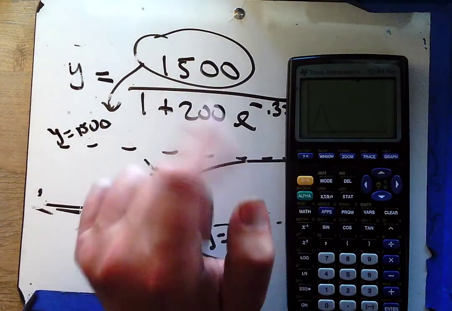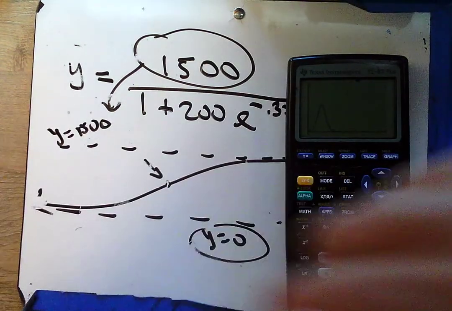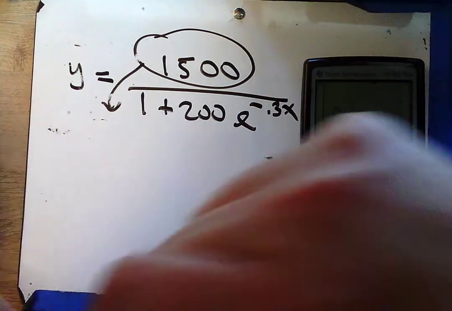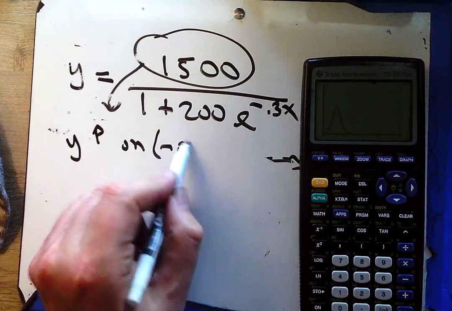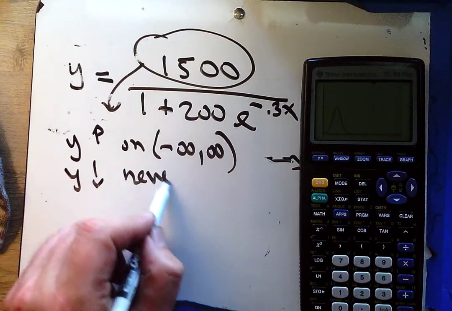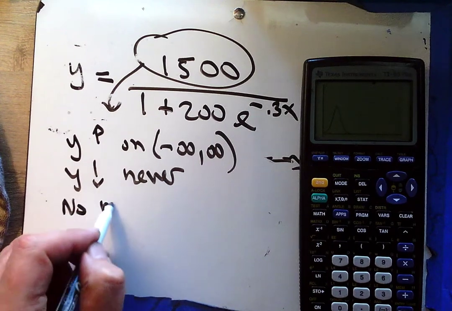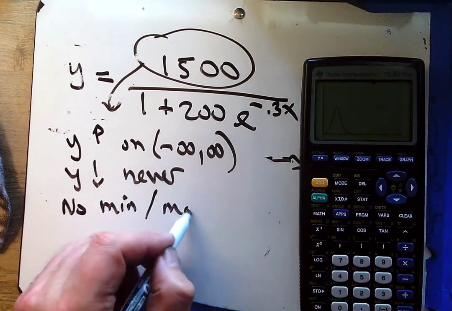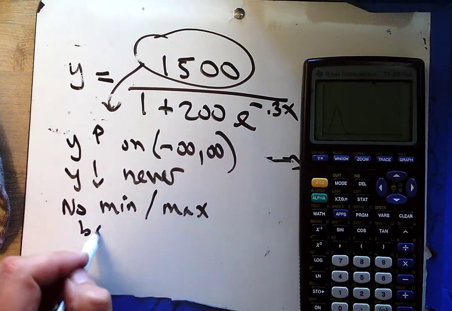Well, I see y prime is always positive, which means y must be always increasing. Y increasing on negative infinity to infinity. Y decreasing never. No mins or maxes, because we have no sign change in y prime.